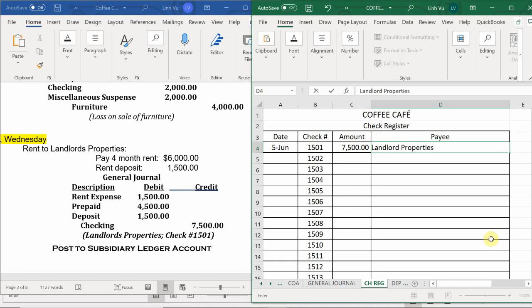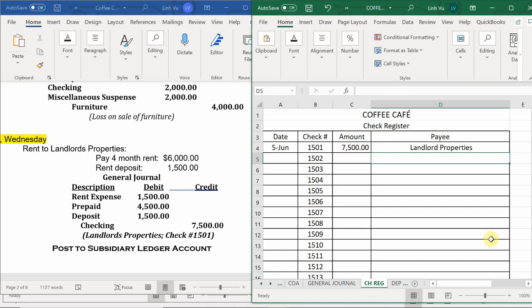Okay, Landlord Properties. Now, in this case, this is all the information that I need for my bookkeeping. If you want to, you can add another column for why you wrote this check out. In this case, I don't think I need it.